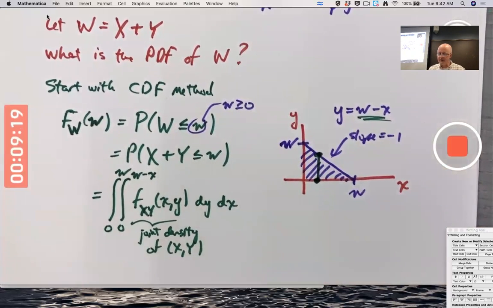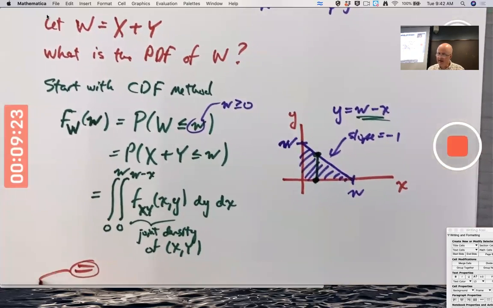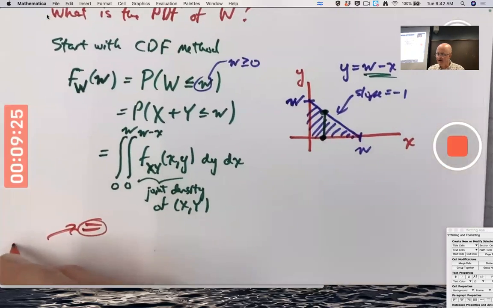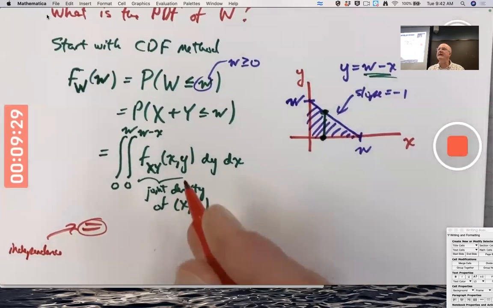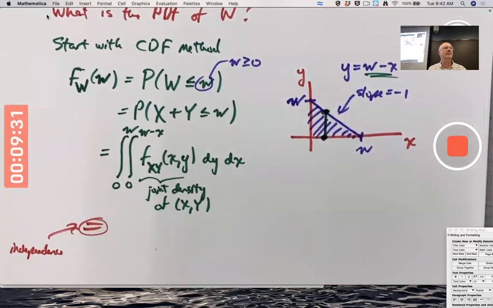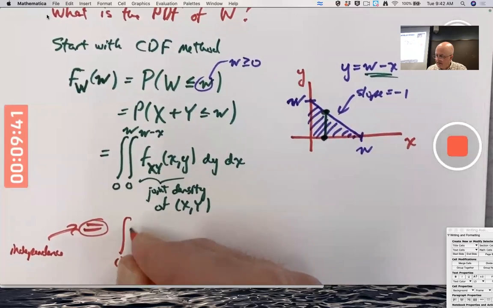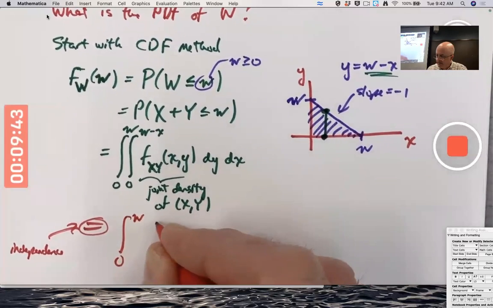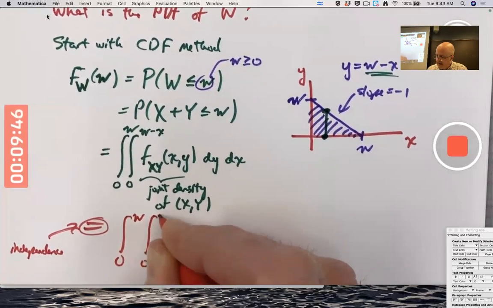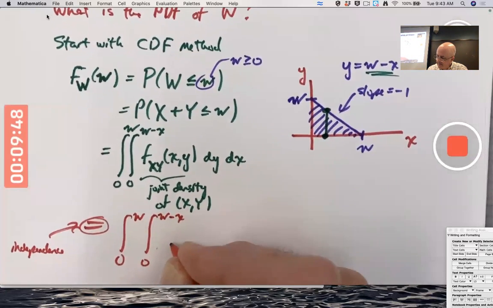Okay, here's where we use independence. Independence allows us to write the joint density as the product of the regular densities of x and y individually. You could call them marginal densities. And that's a good thing.